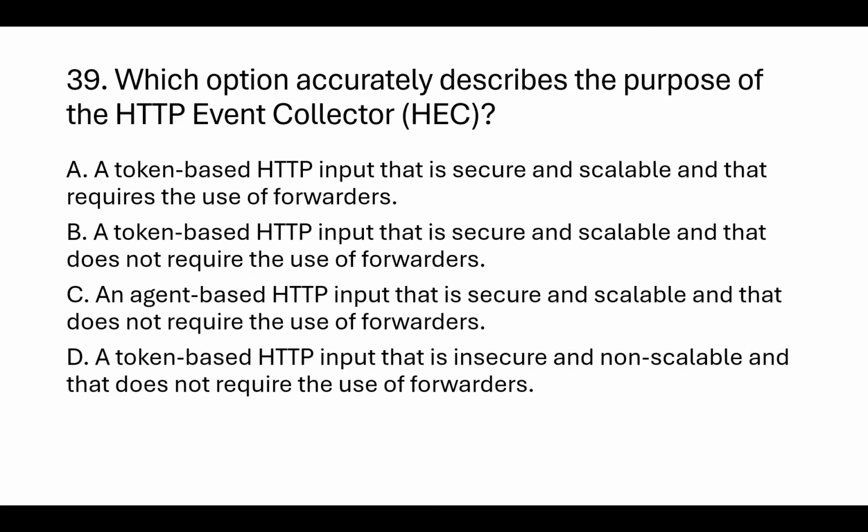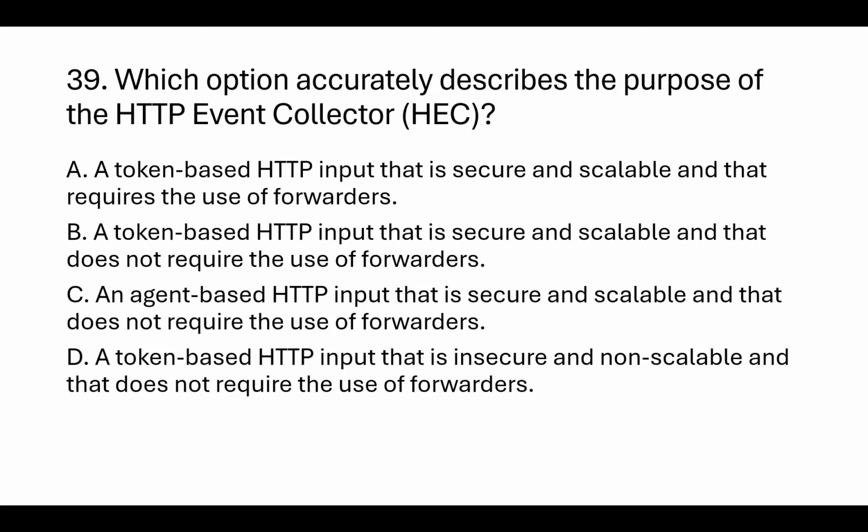Question number 39. Which option accurately describes the purpose of the HTTP Event Collector, HEC? Option A, a token-based HTTP input that is secure and scalable and that requires the use of forwarders. Option B, a token-based HTTP input that is secure and scalable and that does not require the use of forwarders.